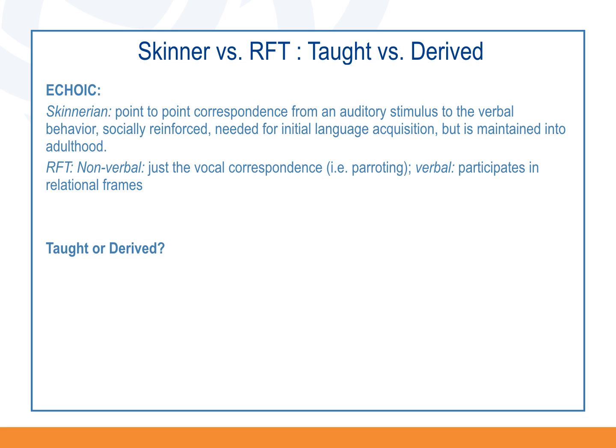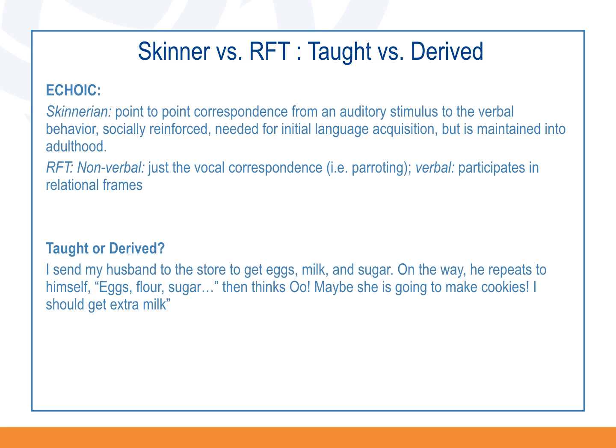Taught versus derived. Let's do our little mini quiz here. I send my husband to the store to get eggs, milk, and sugar. On the way, he repeats to himself, eggs, flour, sugar, eggs, flour, sugar. Oh, maybe she can make cookies. I should get milk. So he's taking the ingredients that I told him and thinking about the other things that I typically say with those things. So he's echoing and then adding on.